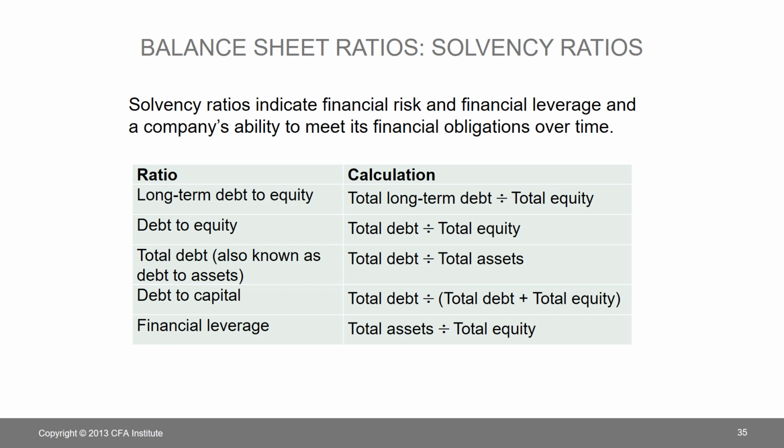Again, the higher the financial leverage ratio, the more leveraged the company is, in the sense of using debt and other liabilities to finance assets. This ratio is often defined in terms of average total assets and average total equity and plays an important role in the DuPont decomposition of return on equity that will be discussed in a later chapter.